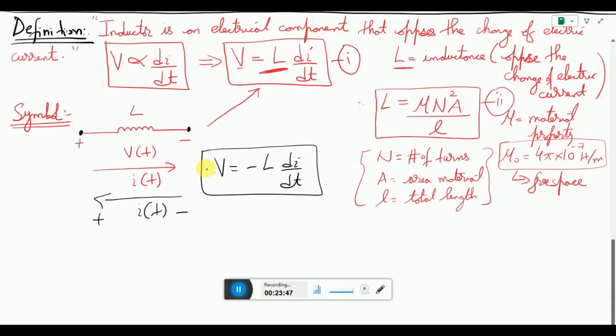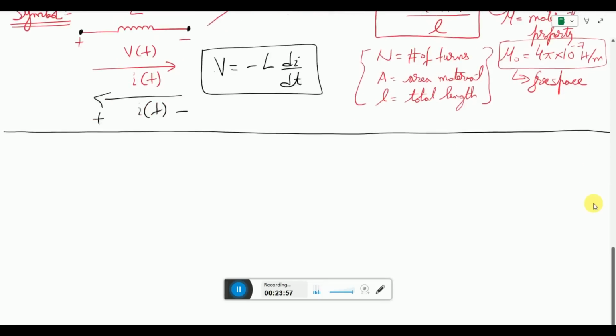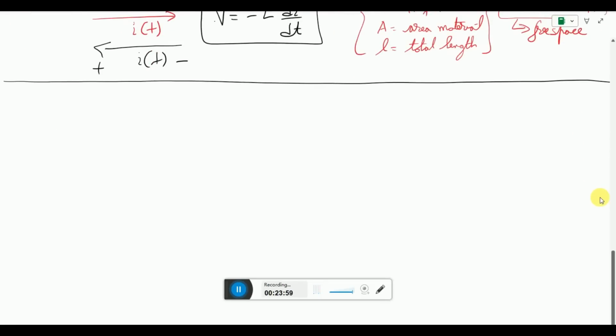Okay, now what do we understand or extract more from these two equations? Especially from equation number 1, there are two things that are very important for understanding the working principle of the inductor. This is the basic equation for the inductor, and what we can see from here is two points.